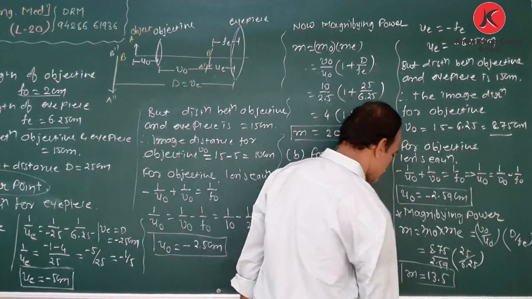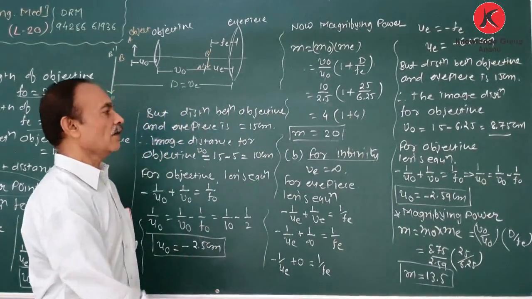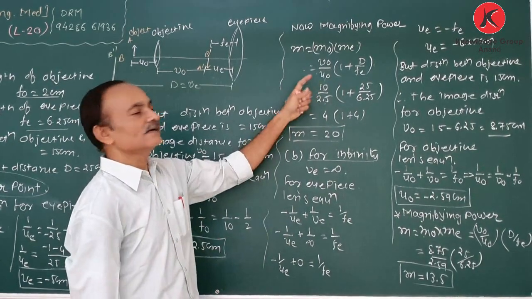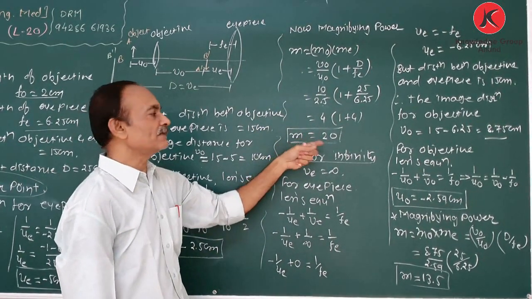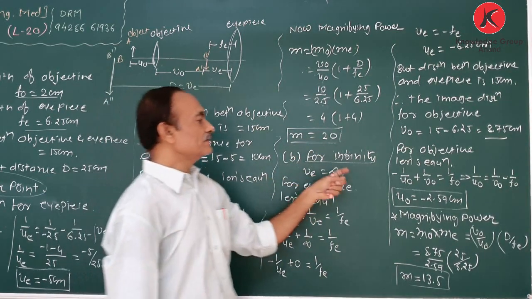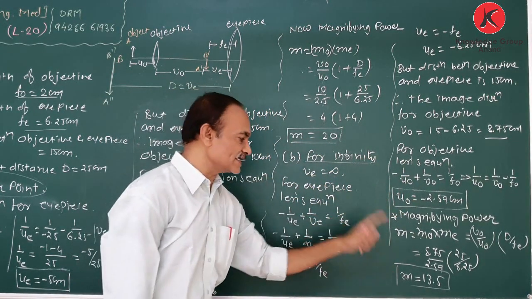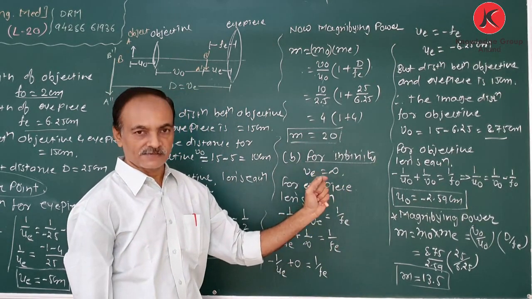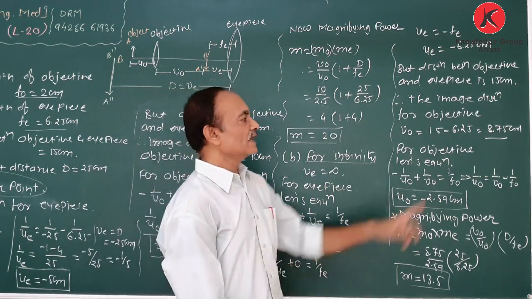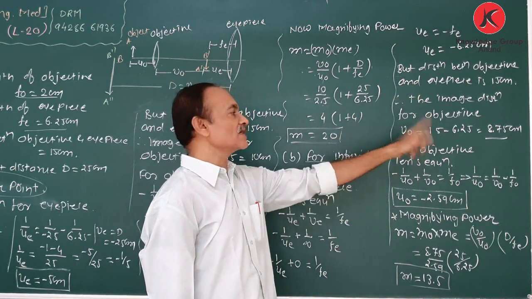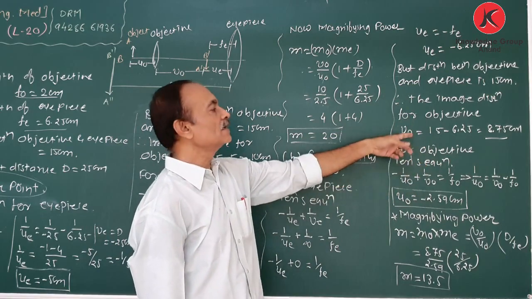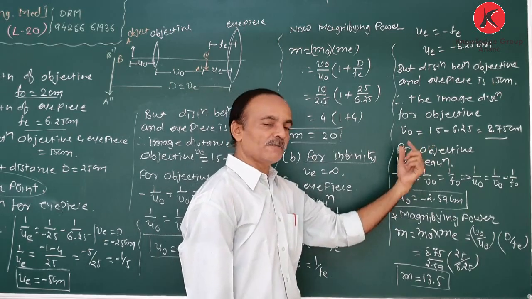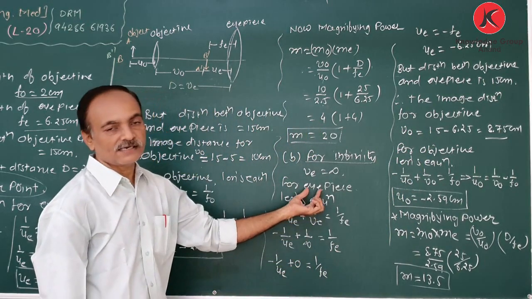Simplify yourself. So now what happened? In the first case, if the image is formed at near point distance, the magnification is 20. Now, if the image is formed at infinite distance, the magnification is reduced, it is 13.5. So in the second case, the image formed by the objective must be on the principal focus of the eyepiece. As a result, the final image formed by the eyepiece is at infinite distance.